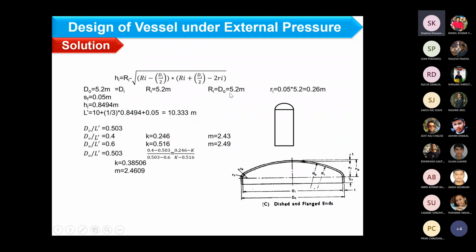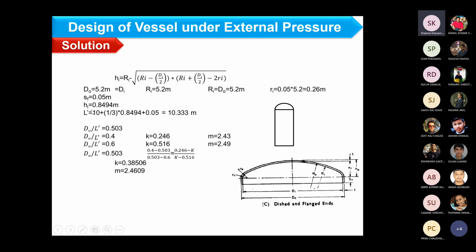So capital Ri is 5.2, because that is equal to do. We are already given that. And then the small ri is 0.05 into do. So accordingly I can find out capital Ri and small ri, right? Outer diameter we already know, that is 5.2 meter.